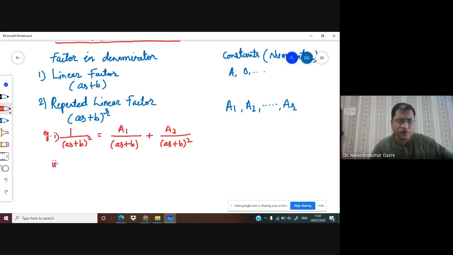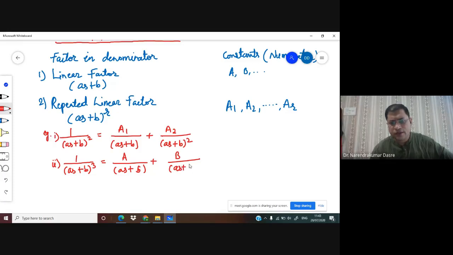Okay, if this is repeated three times, so 1 upon (as + b) cubed, then what we can have is a1 upon (as + b) plus a2 upon (as + b) squared plus a3 upon (as + b) cubed.